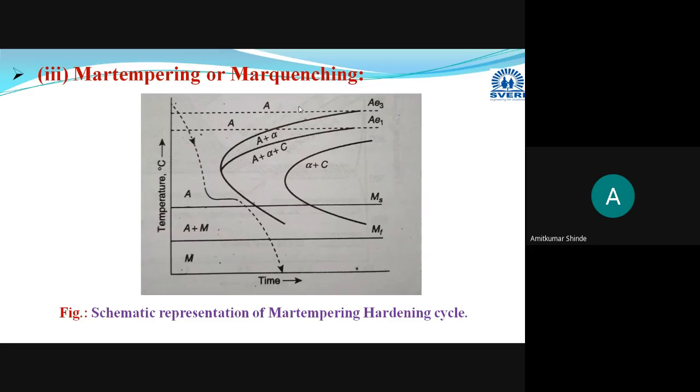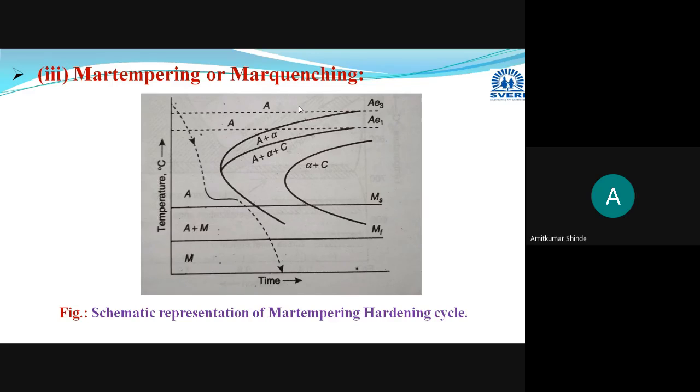The time quench hardening can be used for medium carbon steels, high carbon steels, and alloy steels also. But this mar tempering process can be used when you have a higher percentage of alloying elements and higher carbon percentage. That is, it is used for hardening of high carbon steels and low alloy steels, or you can say the alloy steels.